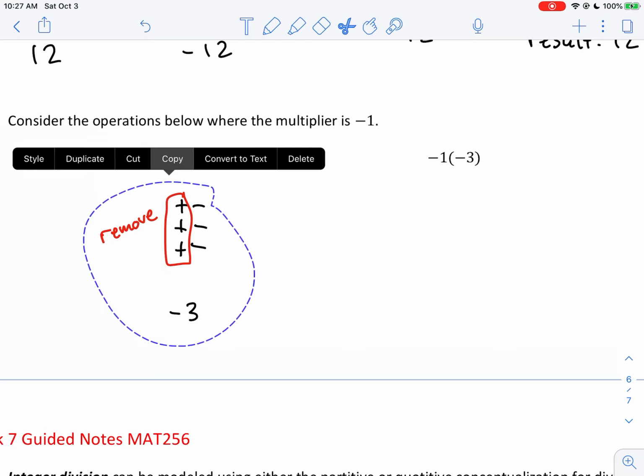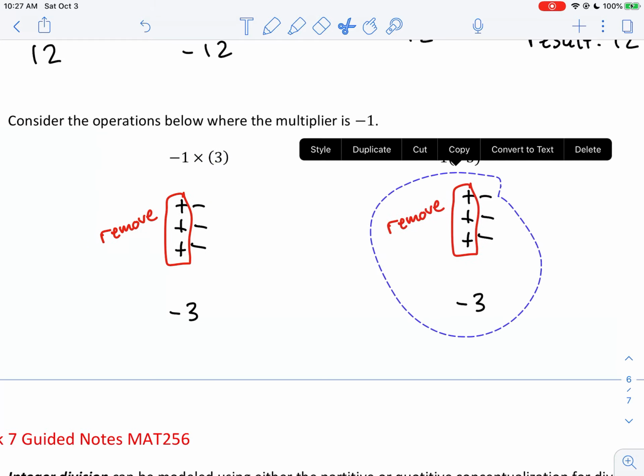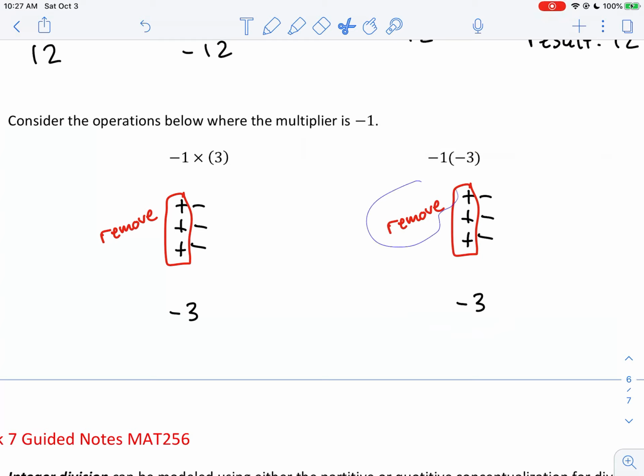And over here, it's similar, except we're removing 1 copy of negative 3. So what's being removed is changing. Move that over there. Remove 1 copy of negative 3, and the result is positive 3.